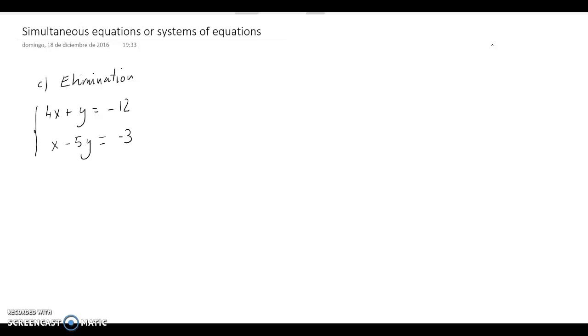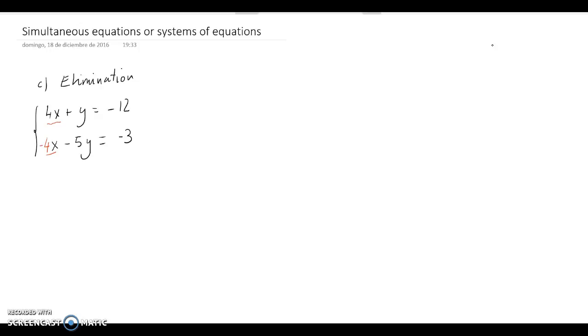To cancel one variable we can multiply one or both equations by a number, and the solutions of the system don't change. For example, if I want to eliminate the x, and I have here 4x, to cancel this, I need to have here minus 4x, because 4x minus 4x is going to be 0. So this way I can cancel the x.